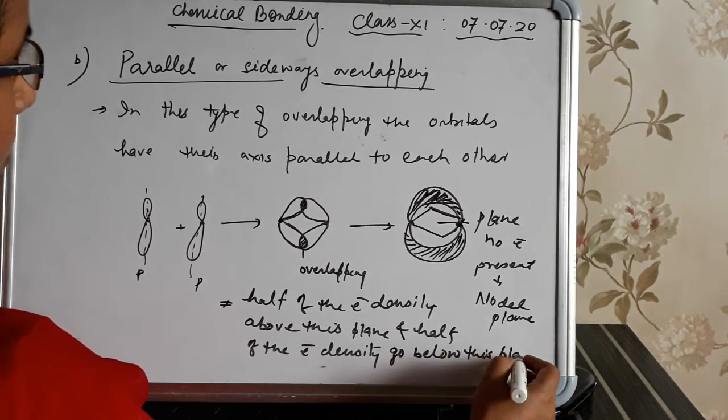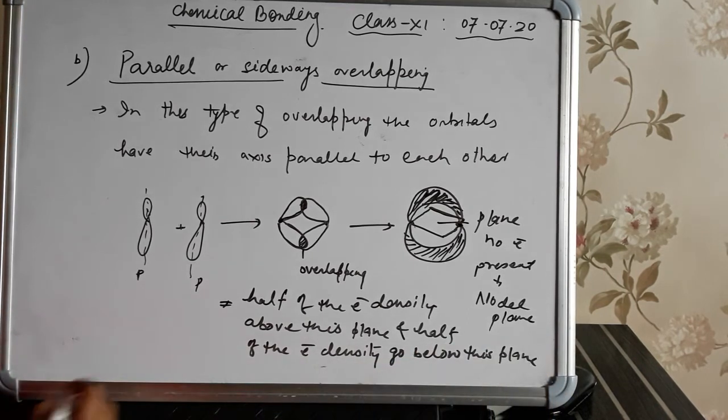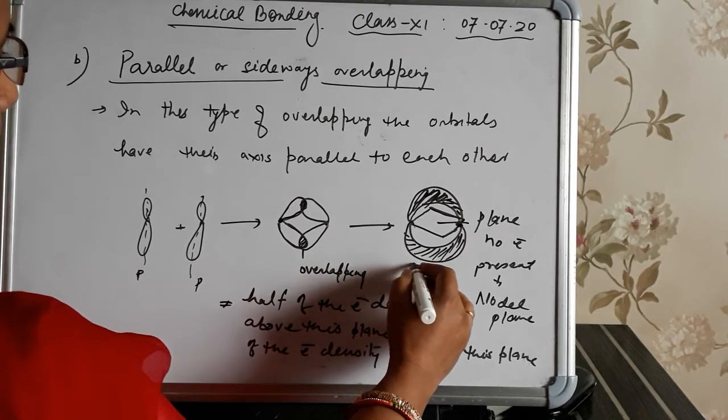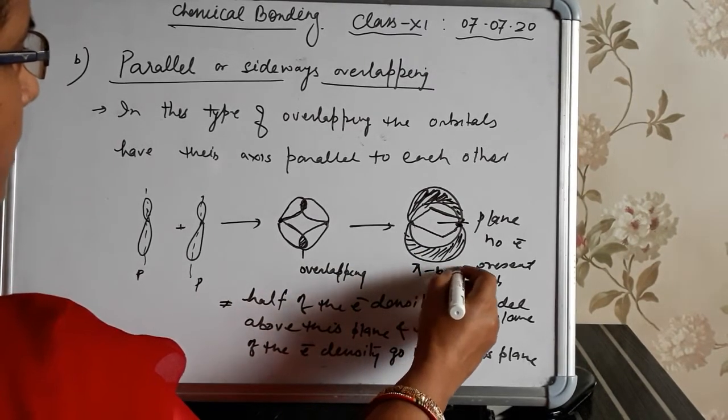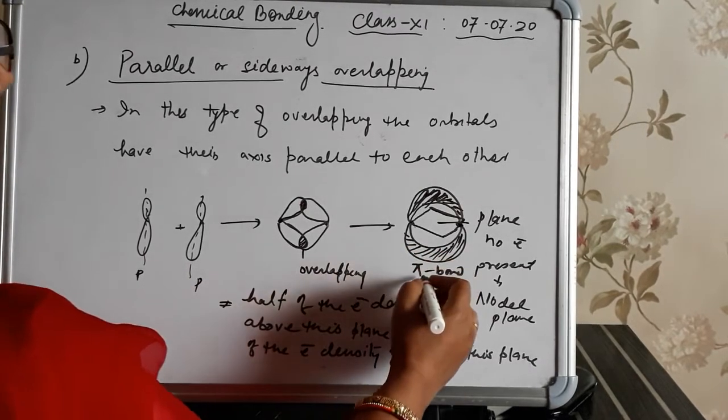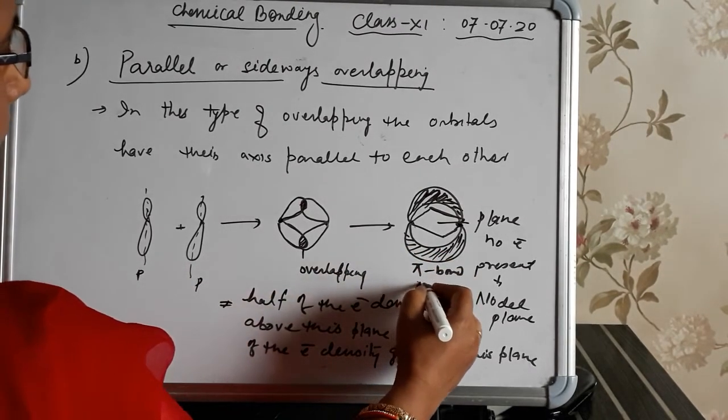So this type of overlapping leads to the formation of pi bond, and this is the pi orbital.